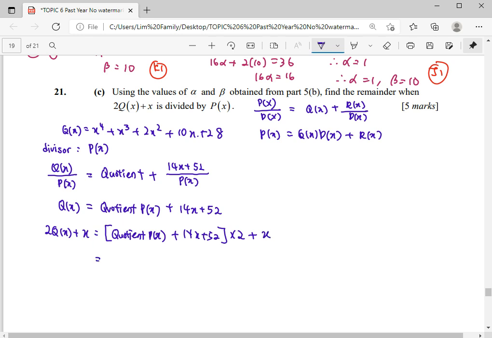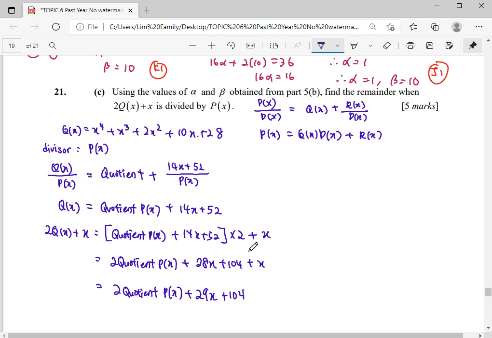So you will get 2 quotient px, and then this times 2 will become 28, and then this times 2 will become 104 plus x. So we simplify here, you will get 29.